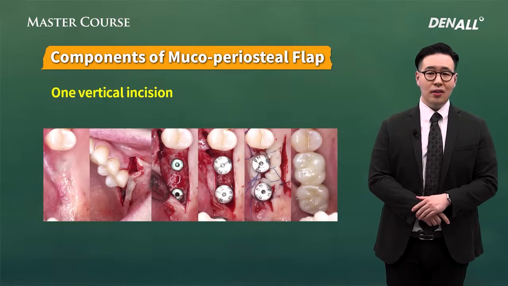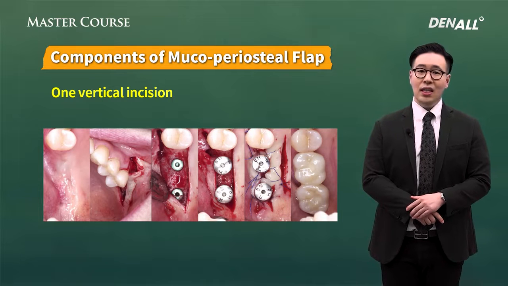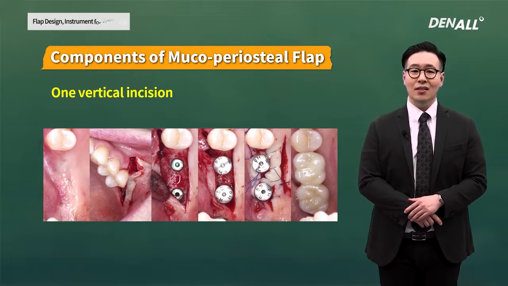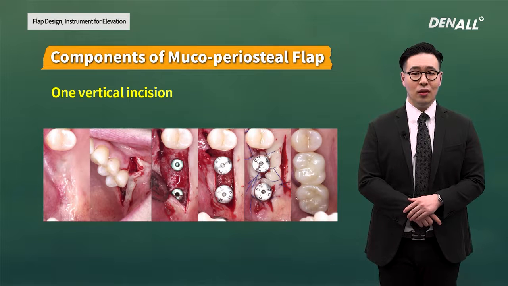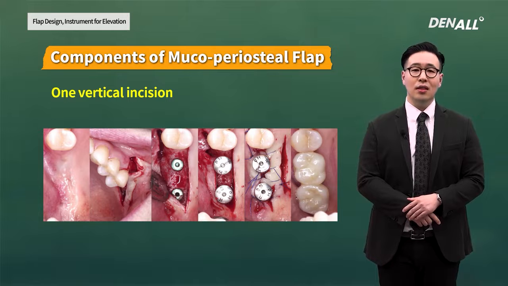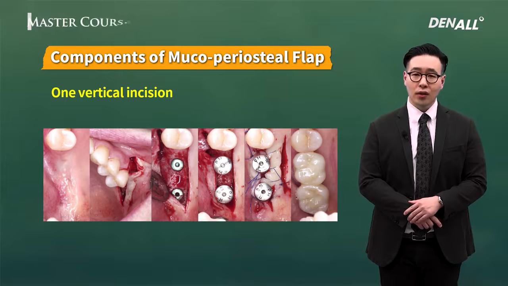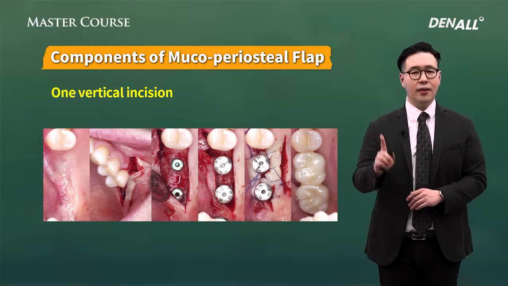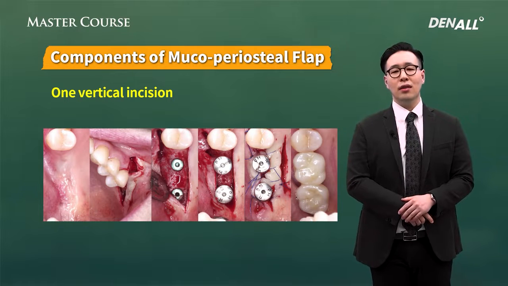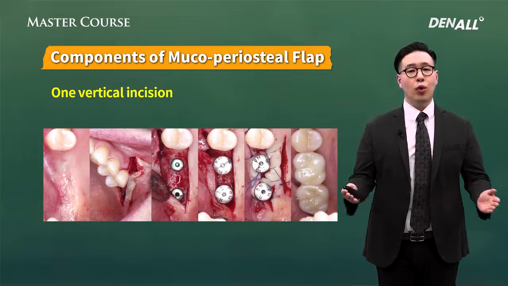After bone graft and implant placement, if you're only going to do secondary surgery like this case, or if bone is sufficient and only implant placement is planned, you can just make 1 vertical incision mesially or distally to gain sufficient visibility and accessibility.